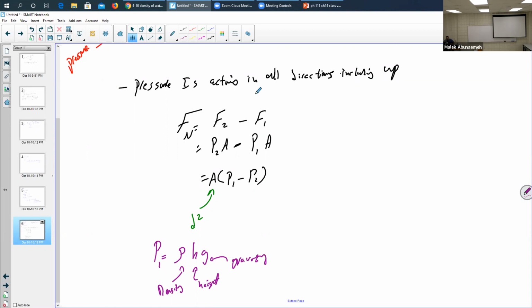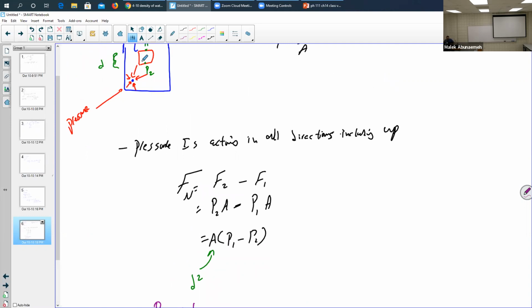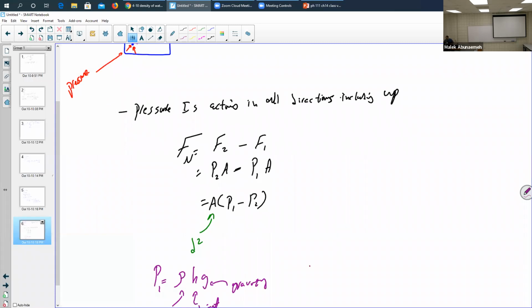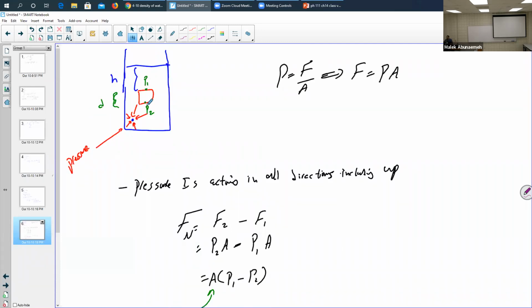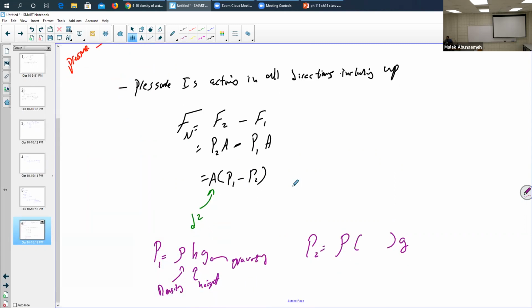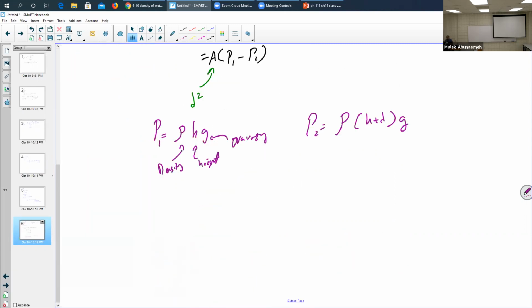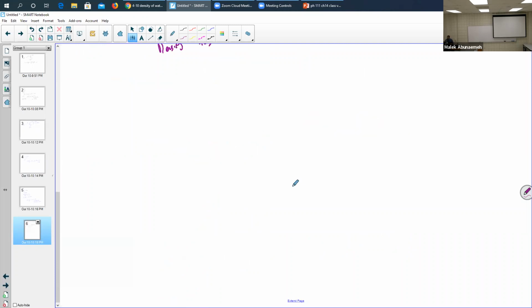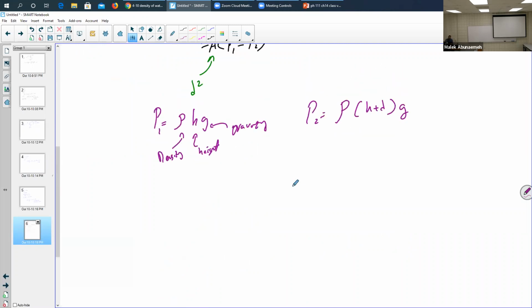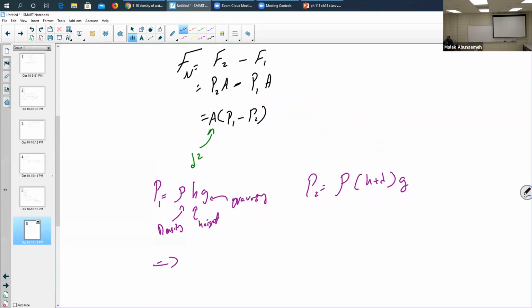Meanwhile, if you look at the pressure at the second area, it's going to be your density of the liquid that you're in multiplied by your gravity multiplied by the distance, which in this case is going to be your h plus your d. That means, and what color do we have? We have black, so let's go back to black.